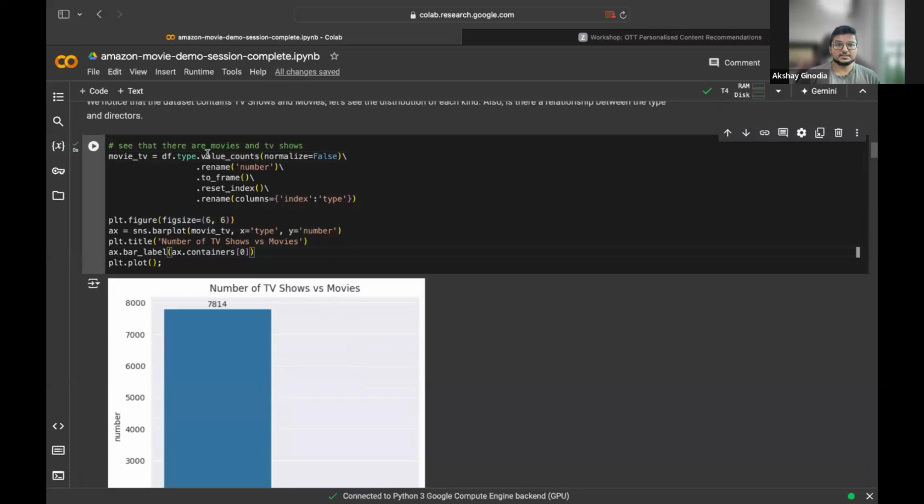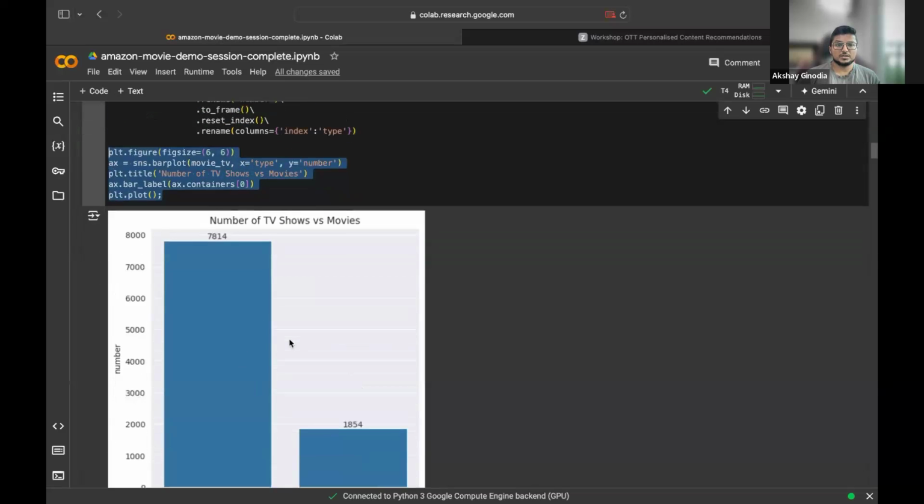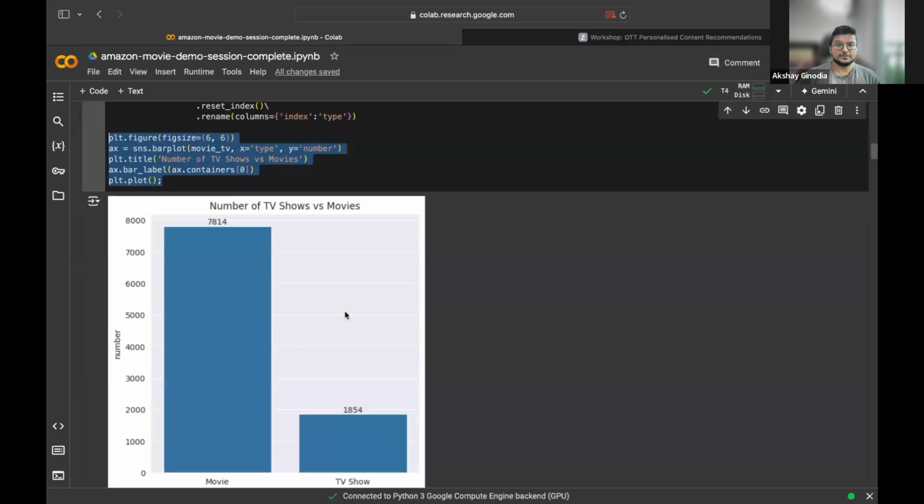And this is the function that I use to look at the distribution, with some parameters I set. Once I've got those values, this is the code to plot the distribution of movies and TV shows. I can set the x-axis, which is the type of the item, either movie or TV show.